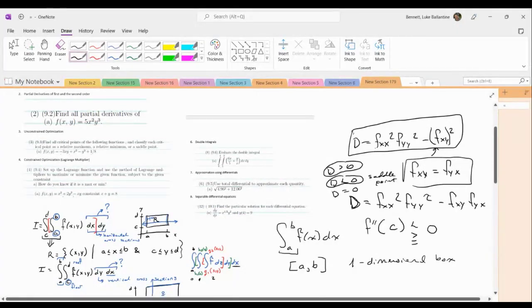So this is the same thing as in calculus 1 when we were just doing the second derivative and determining the sign of that. Now we have a bigger tool, and this bigger tool covers what we know about single variable functions. It's actually just a generalization of the single variable case.